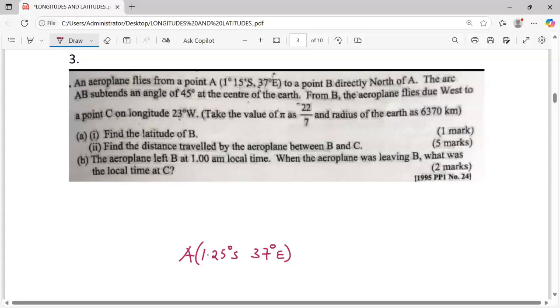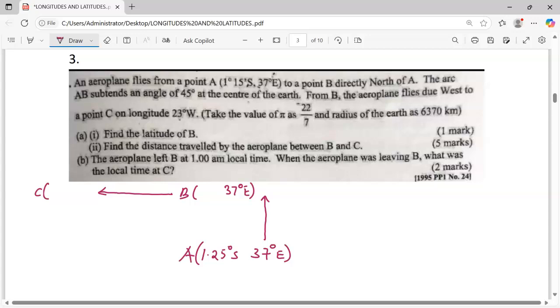This aeroplane flies directly north of A to another point B. We do not know the latitude position of B, but the longitude remains 37 degrees east. From point B, the aeroplane flies due west to another point C. That means it is going to maintain the same latitude, but the longitude is different.